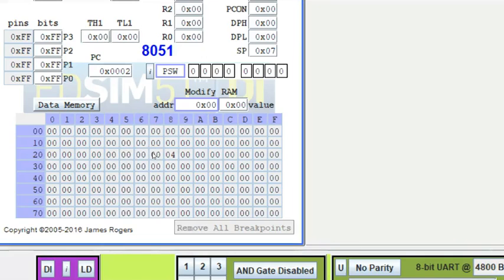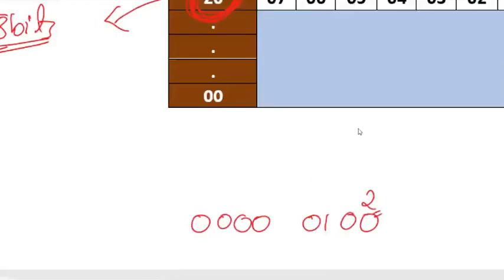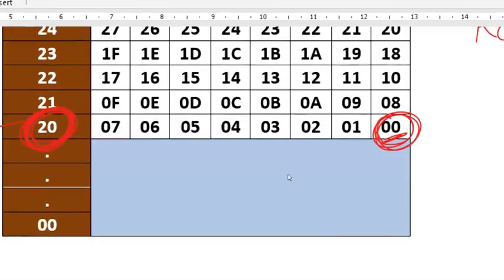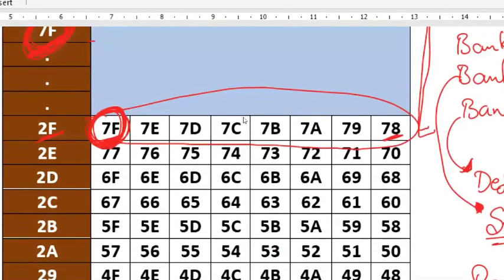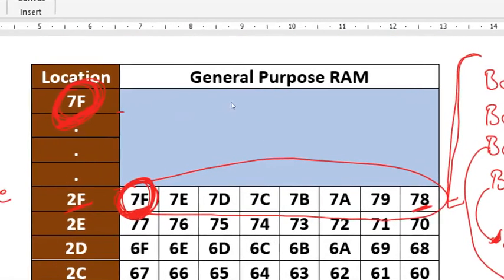What are their addresses? You start from 20. For 20, the first bit is 00, second bit is 01, 02, 03, and so on. You keep on incrementing this value until you get 7F, that is 2F. These are bit accessible. So if you say set bit 7F, in that case this particular 7F is not going to be accessed. Remember, this 7F is different.